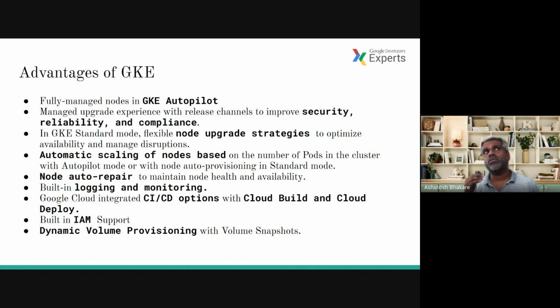Now coming to the advantages of GKE, as I said, it's fully managed, right? And there is even something called on-demand deployment, that is GKE Autopilot. Autopilot helps with billing, because see cost. Autopilot is pay per pod.